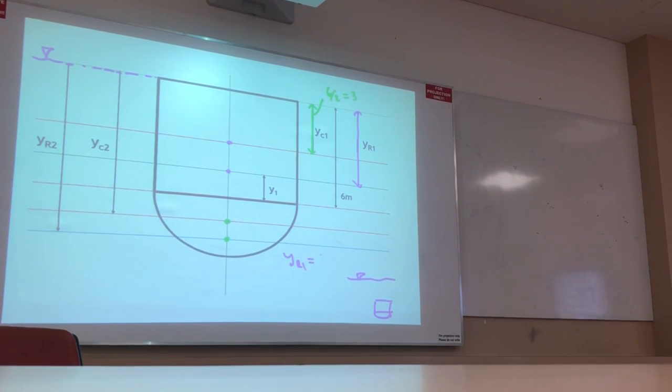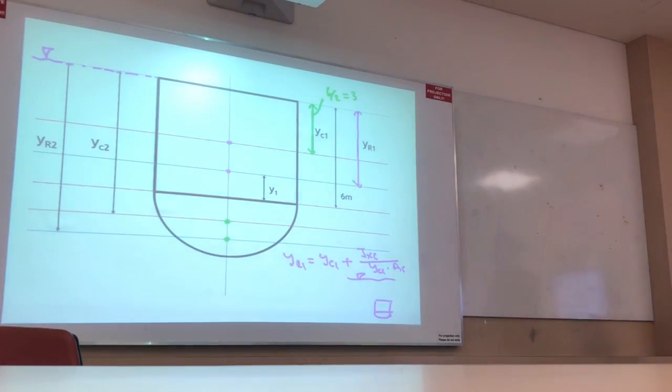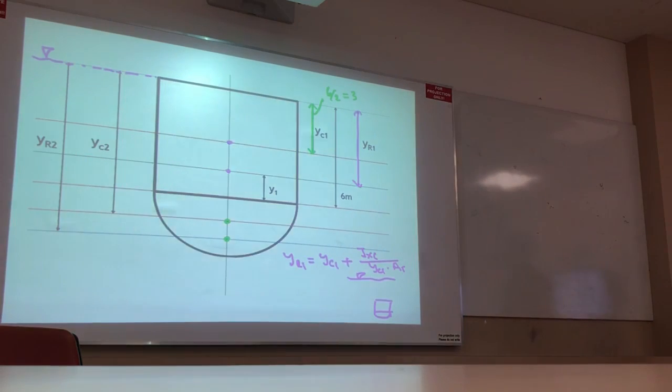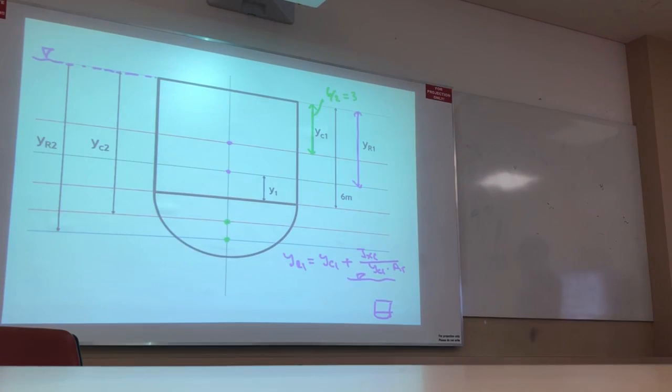YR1 becomes YC1 plus IXC divided by YC1 times the area of the rectangle. And IXC you can get from the picture or chart: 1/12 B A cubed, where B is 6 and A is 6. Then you can get it.